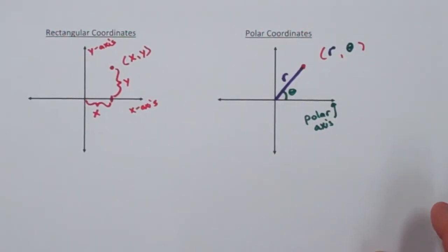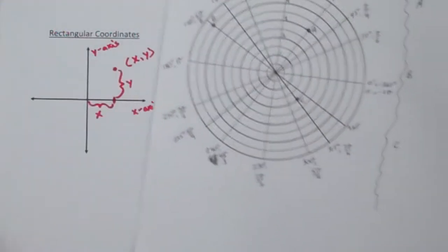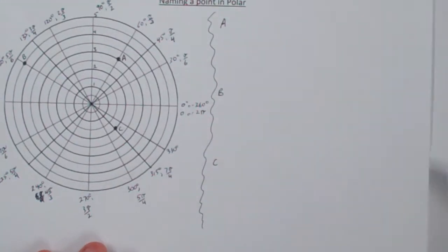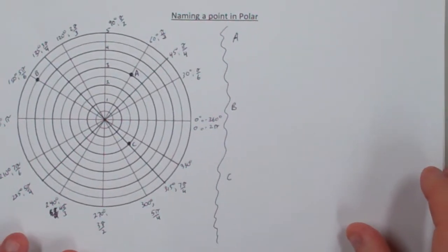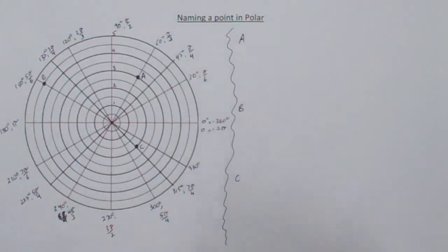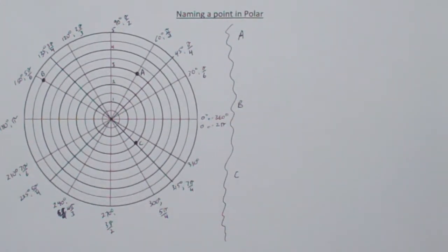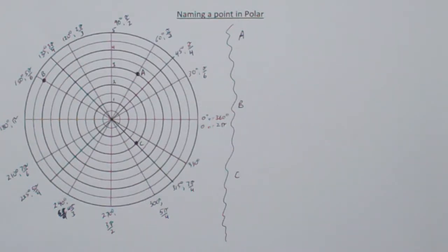We're going to move on now to the next part of your notes, how to name a point in polar. I hope you can see this. I know it's probably going to be tough to see at home, so I'll try to move this up a little bit. You might have to zoom in a touch, but I've drawn 3 points.